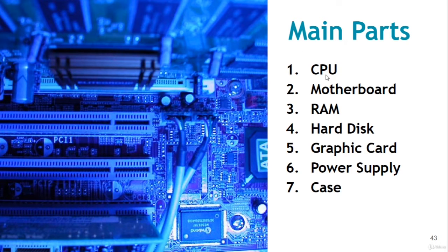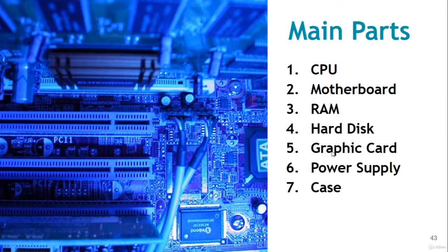Now, CPU is the central processing unit, where it processes the data. It's the brain of the computer. Motherboard is like the bone of the computer, where everything is installed and plugged in. RAM is a temporary memory for the computer that saves all your work while your computer is on. It's not permanent, sorry. A hard disk is permanent memory, or storage, where it stores your data.